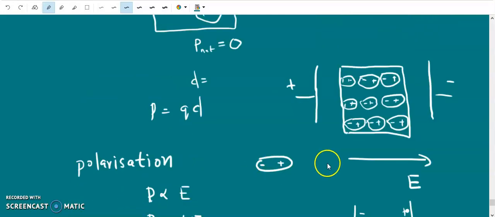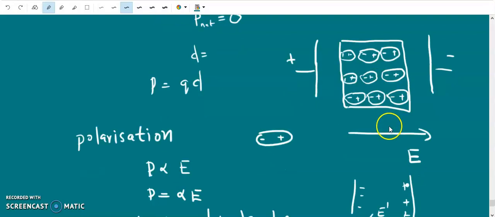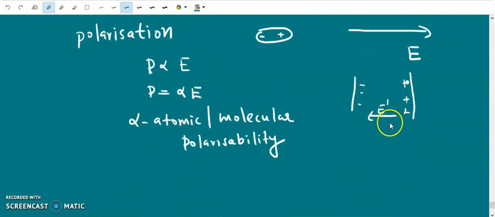So if the atoms in the material are uniformly polarized like this, then the adjacent positive and negative charges cancel. So there is an induced electric field E prime in the opposite direction.